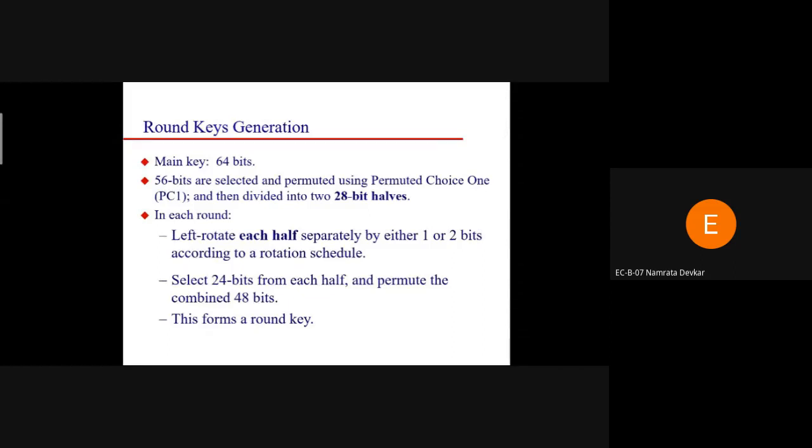After that, we divide these 56 bits into two equal parts, 28 bits on the left side and 28 bits on the right side. Then, if we have to provide the key to any specific round, we can convert the 56 bits into 48. These are the processes of round key generation.